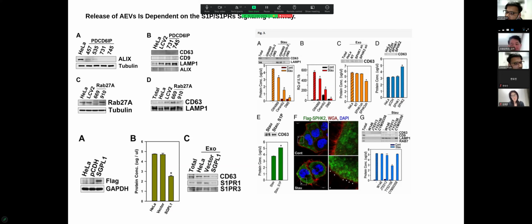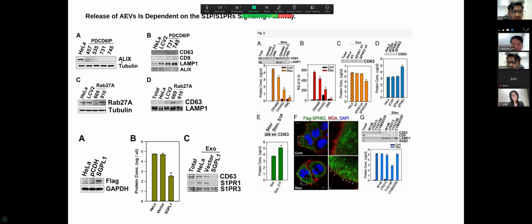The ESCRT complex, ESCRT-III, finishes the membrane invagination, which then matures to the endosome and multivesicular endosome, and then the multivesicular endosome fuses with the cell membrane with the help of Rab27A.